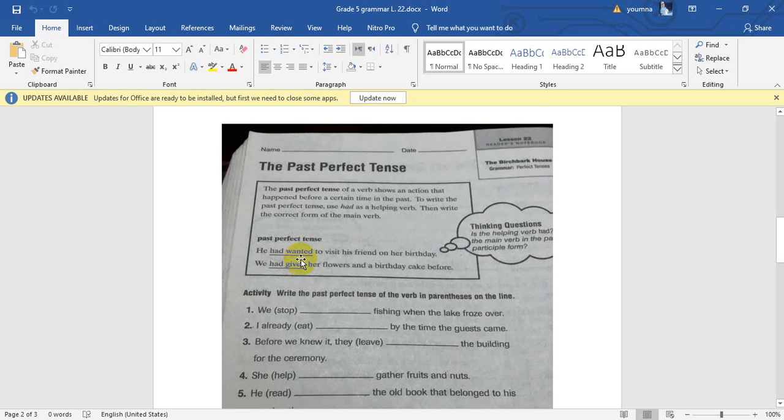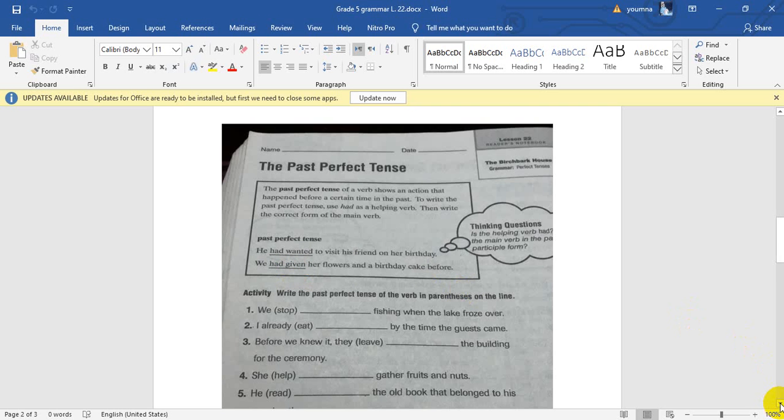Wanted here is the main verb. To visit his friend on her birthday. Wanted here is a regular verb, so we add only ed. Then we had given her flowers and a birthday cake before. So here had is the helping verb, and given is the main verb, which is an irregular verb because the infinitive of it is give, gave, given.